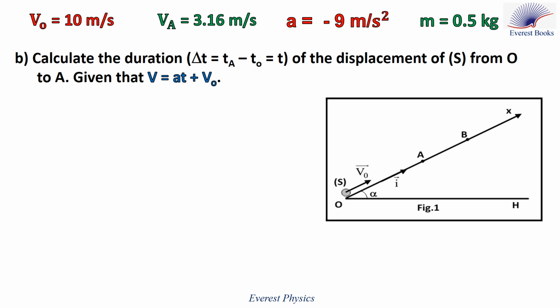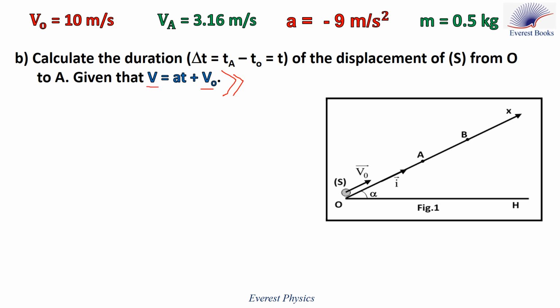Let's move to part B. Calculate the duration of the displacement of S from O to A. Given that v equals at plus v0, this equation can be used for rectilinear motion with constant acceleration, where v0 is the initial velocity and v is the final velocity.